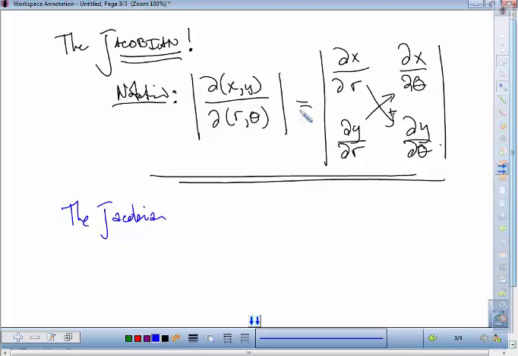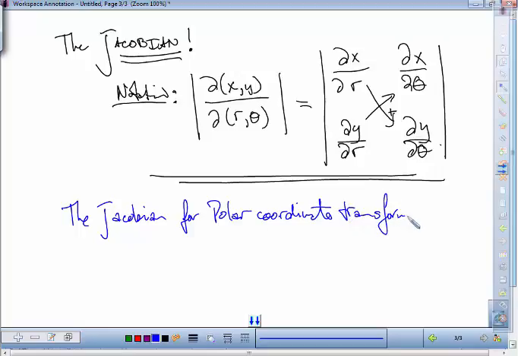But we're not going to worry about that. So the Jacobian for the polar coordinate transformation is specific because we know x and y.